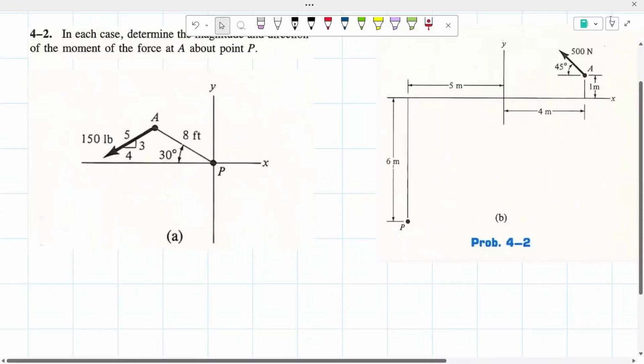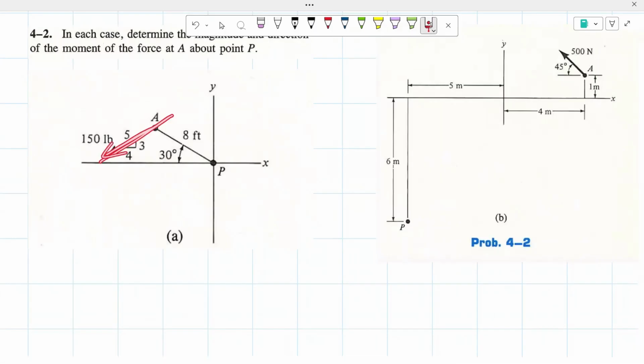As you can see, in case A, the 150-pound force that's acting at point A is diagonal. We already know that when it comes to diagonal forces, there is a vertical and a horizontal force to that.